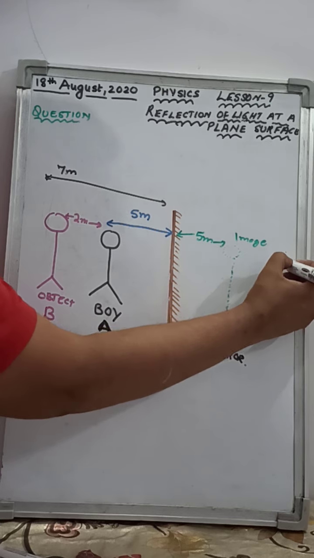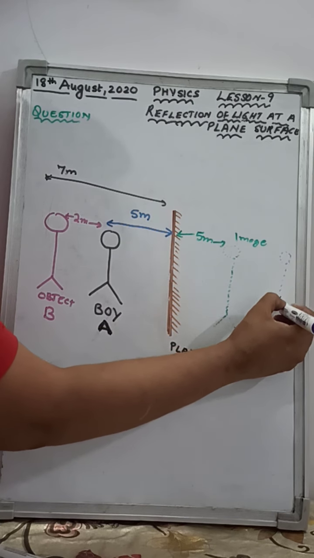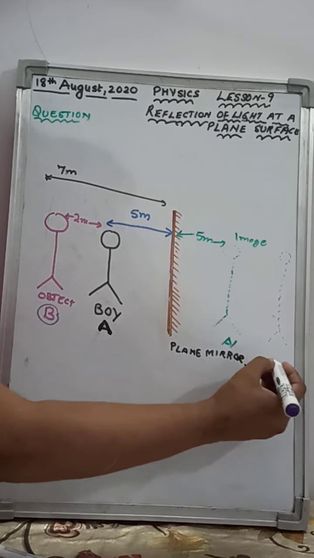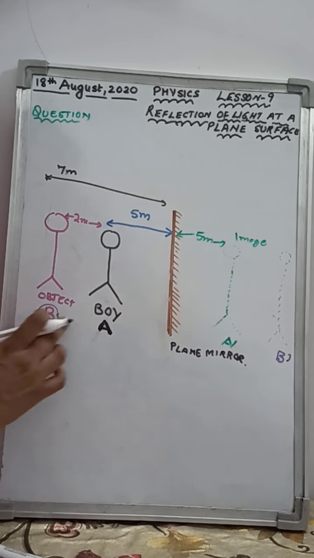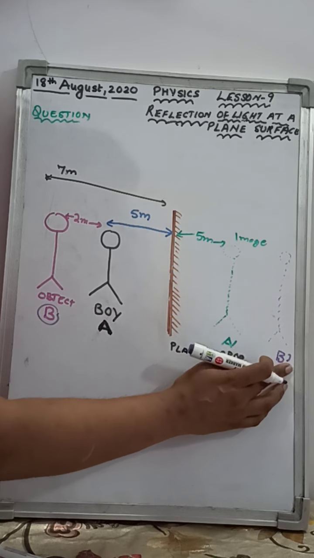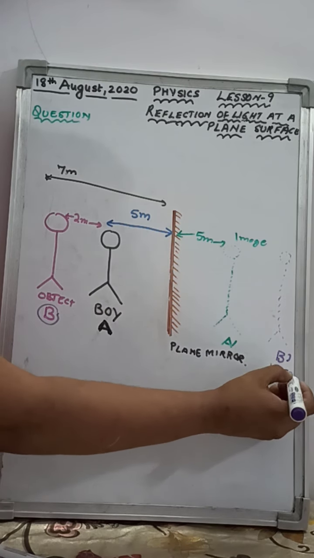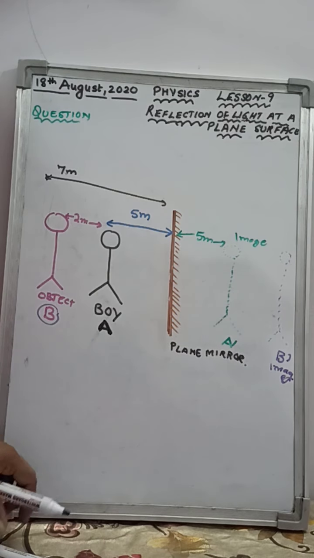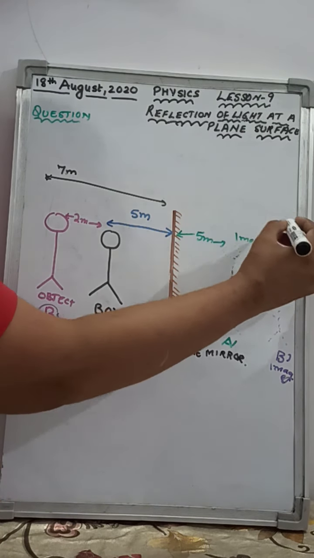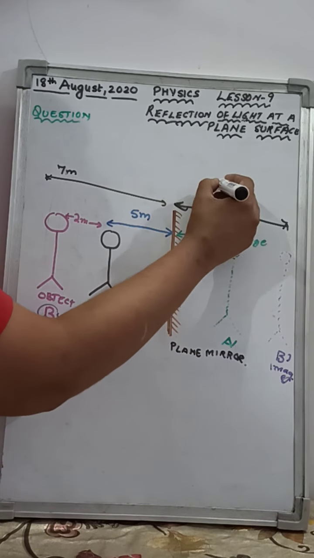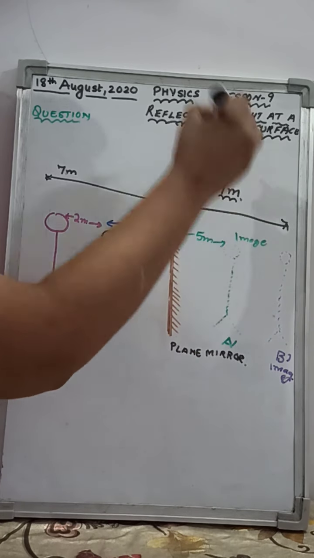Now here we will draw the image of the boy which is at position B. So this is the image of B as B dash. Clear? Now what is the distance they are asking? The distance of the image from the plane mirror is 7 meter.